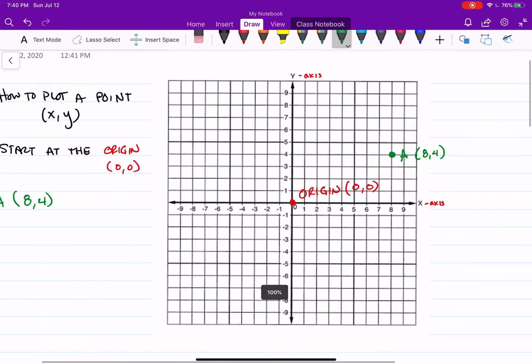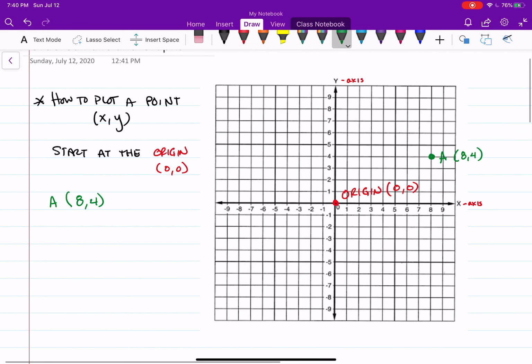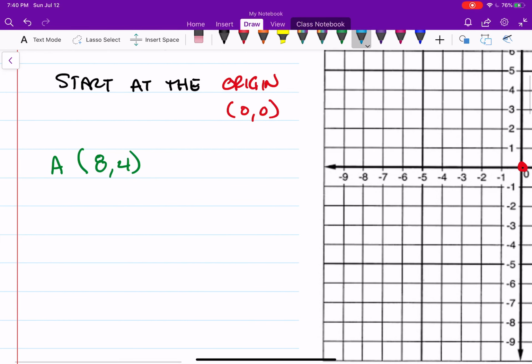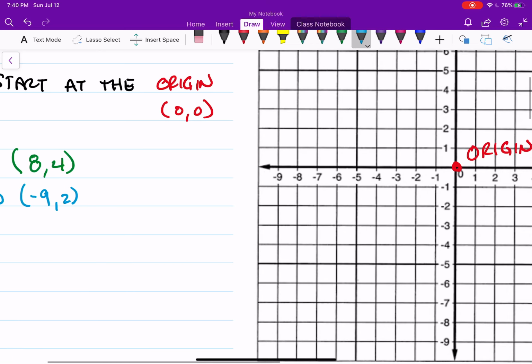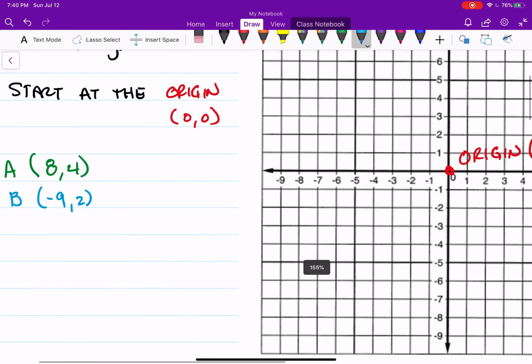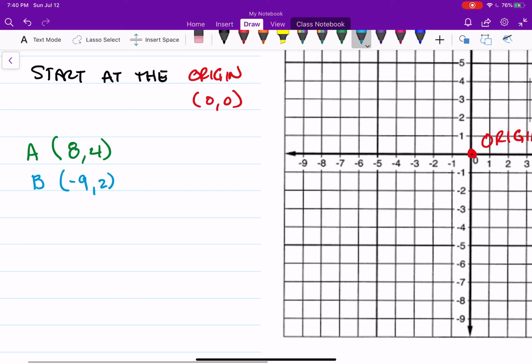All right, let's plot another point. Let's do light blue. Let's do point B, and point B is going to be (-9, 2). My x value is negative 9, and my y value is 2. So I start at the origin and go my x value, negative 9.